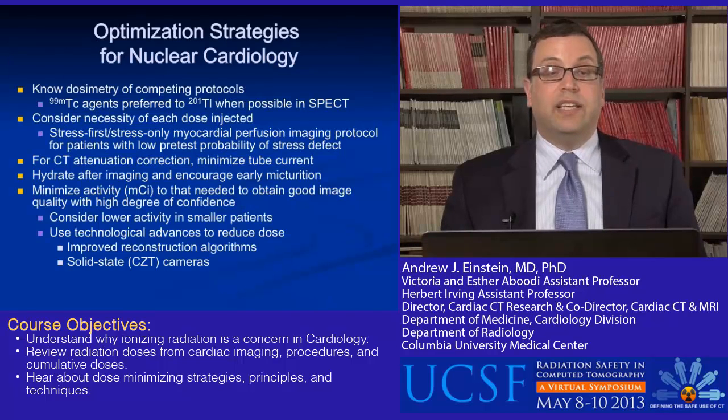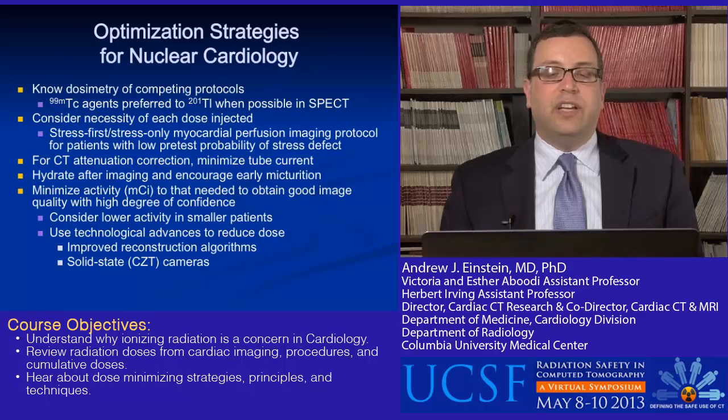It's also important to consider the necessity of each dose of radioisotope injected in a patient. In particular, we should give significant consideration to performing stress-first imaging for patients with a low pretest probability of having a stress defect, and dispensing with rest imaging entirely, that is, performing a stress-only procedure for patients in whom those stress-first images are normal.